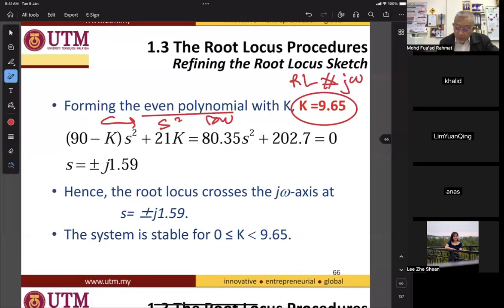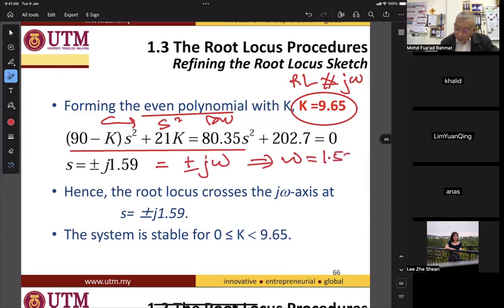Okay, so 90 minus k s square, 21k is equal to 80.35 s square, 22.7. So you find the s square, the s value, which is plus minus j 1.59. So this one is equal to j omega. So therefore, omega is equal to 1.59 radian per second. Okay.